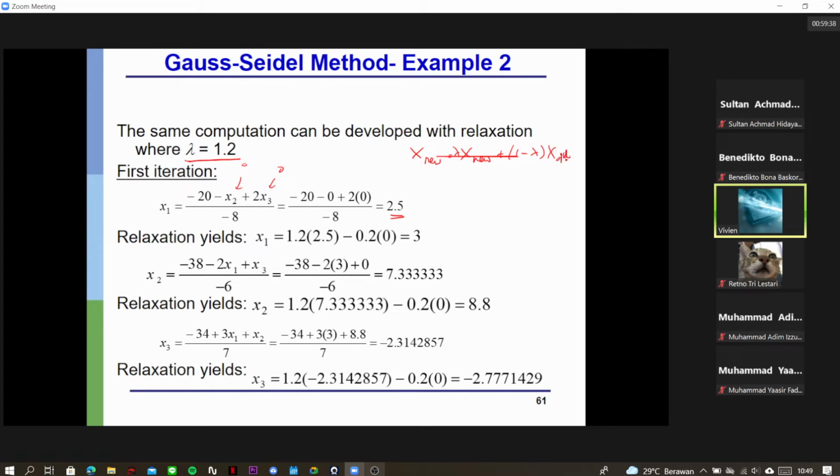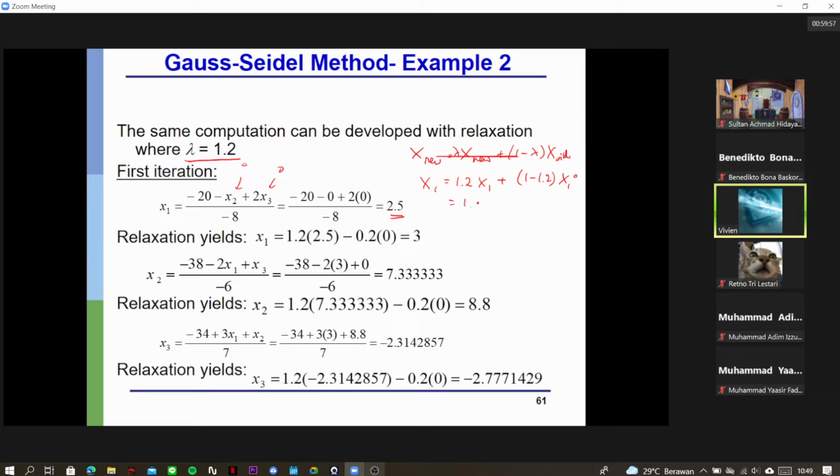For example, we want to calculate x1, so that will be 1.2 times the new value of x1 plus 1 minus lambda, so that will be minus 0.2 times the old value, which is x1 0.